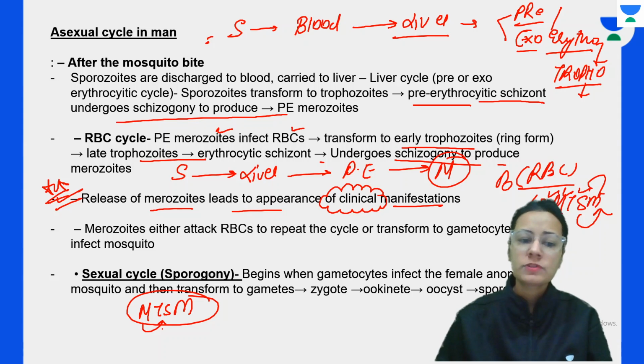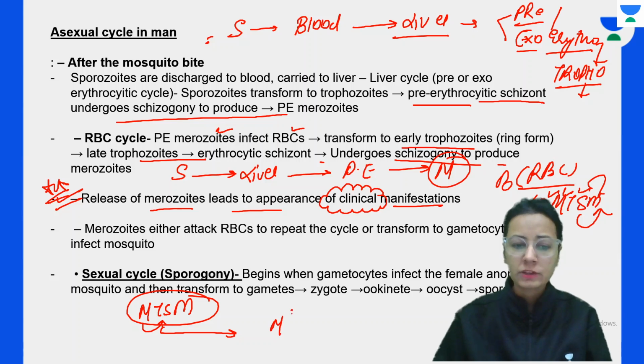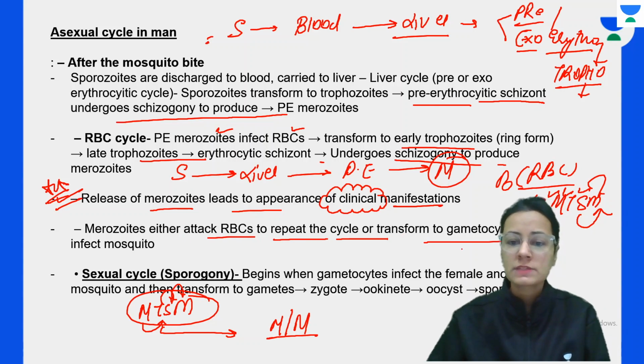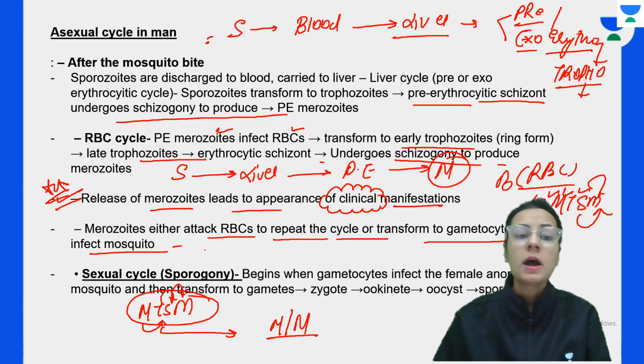The early trophozoite will convert to the macro and micro gametocyte, and the late trophozoite will convert into the schizont, converting to merozoites, and this is how the cycle continues. Merozoites either attack the RBCs to repeat the cycle or transform to gametocytes, which infect the mosquito.